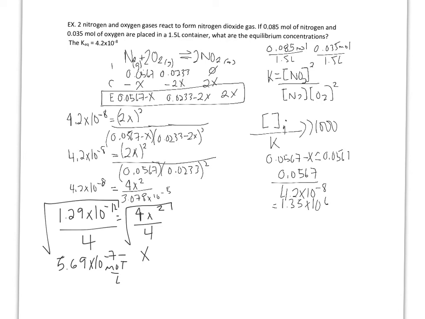So now take that value away from the E line in our equilibrium table, and we will have our equilibrium concentrations. So the concentration of N2 is equal to 0.0567 minus x, which is approximately 0.0567.